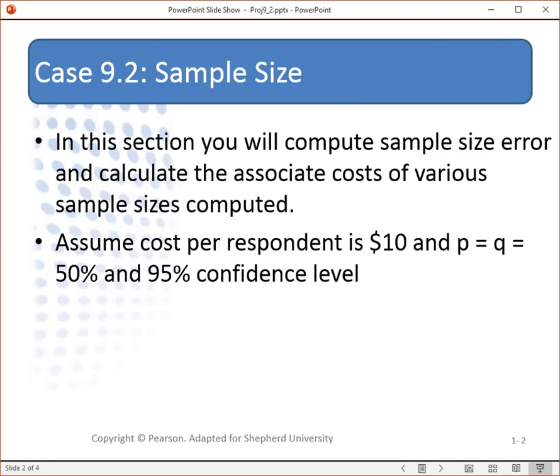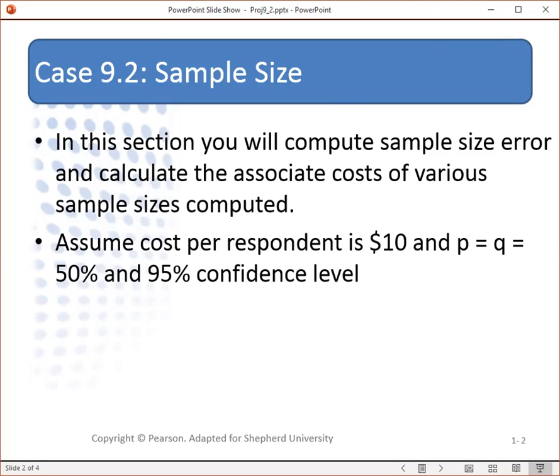So let's go ahead and remember that the formula to find the sample error is going to equal Z, in our case 1.96, times the square root of P times Q divided by the sample size. And right here, we're given P and Q both equal to 50%.